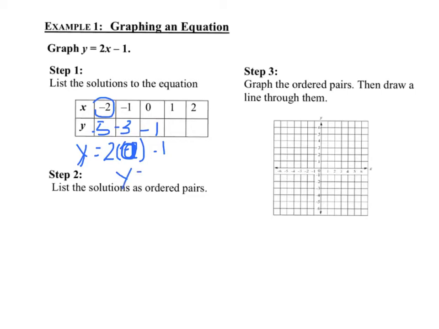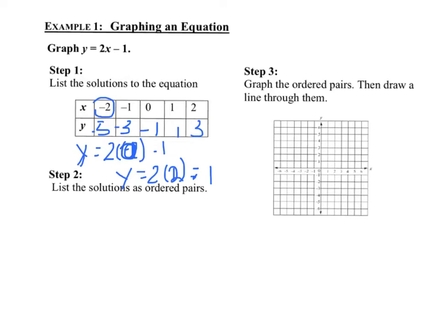I have y is equal to 2 times 1, minus 1. I've got 2 times 1 is 2. 2 minus 1 is going to give me 1. And our last one then, 2 times 2 is 4. 4 minus 1 gives me a 3.